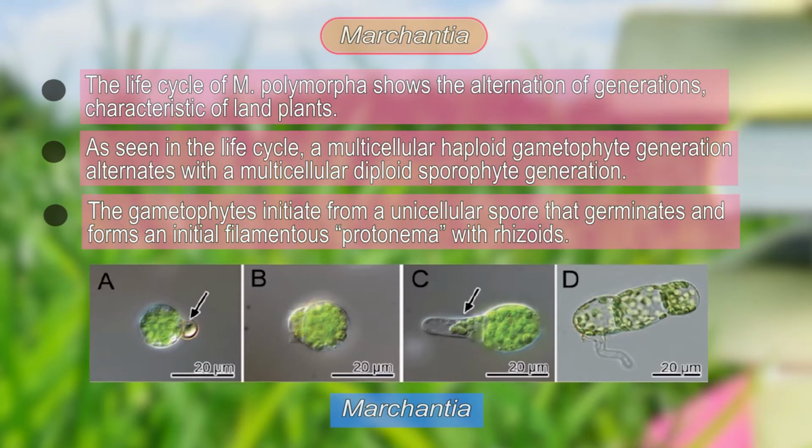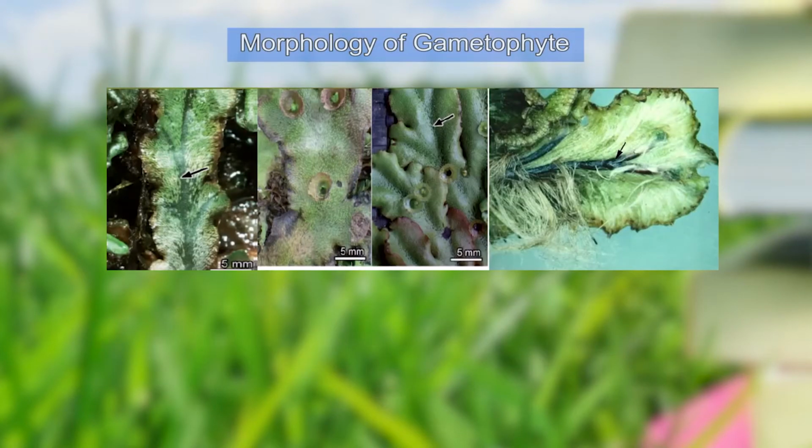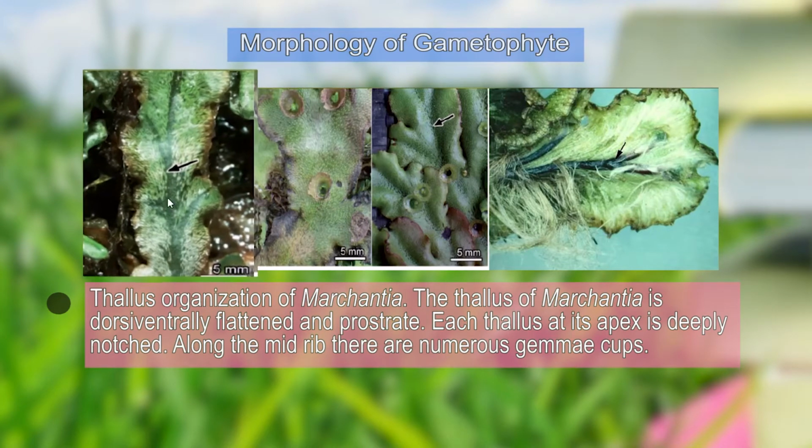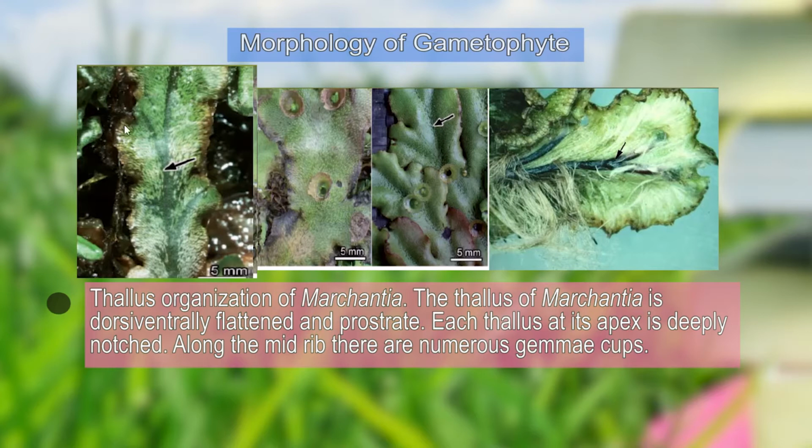The thallus is a dorsiventrally flattened structure with no differentiation into stem and leaves. The thallus organization of Marchantia shows it to be a dorsiventrally flattened and prostrate structure. As you can see from this diagram, the thallus is deeply notched.